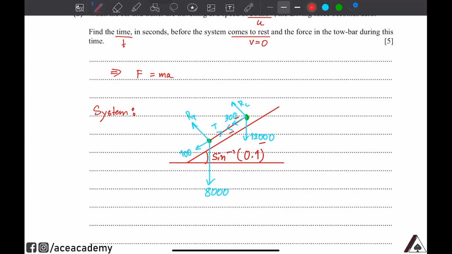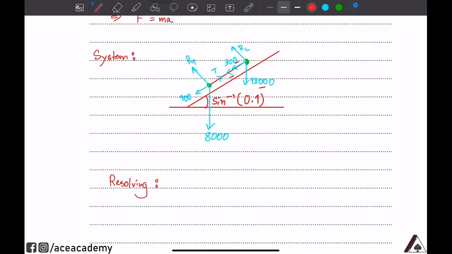So resolving the forces, we have the weight components, which is 1200 plus 800 times the sine of sine inverse of 0.1, which is just 0.1, and the resistive forces of 400 newtons, because 300 plus 100, and that's equal to mass, which is 2000 again, times the acceleration.